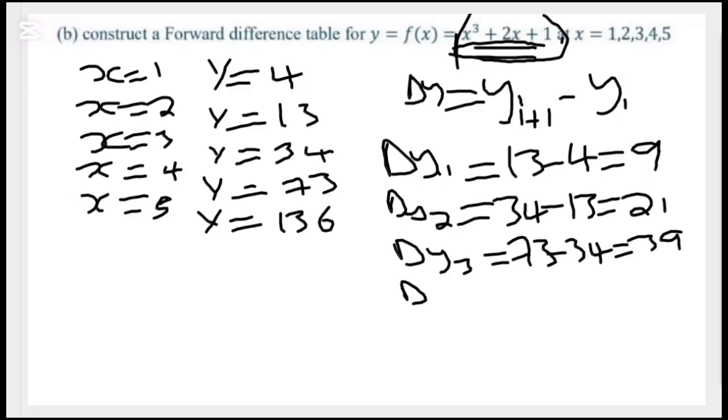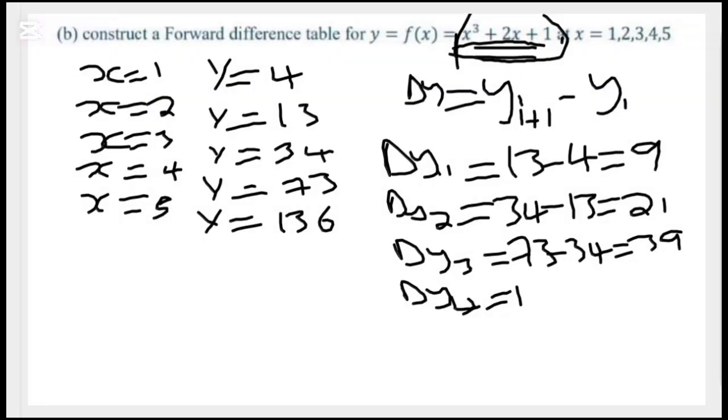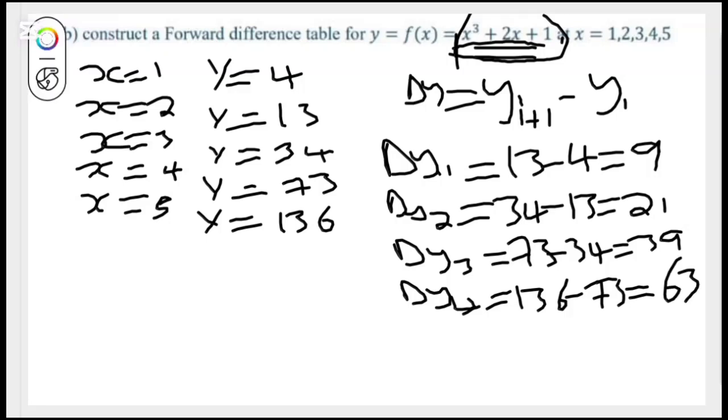And therefore dy4 will be 136 minus 73. So 136 minus 73 is equal to 63. So this is for the first forward difference.